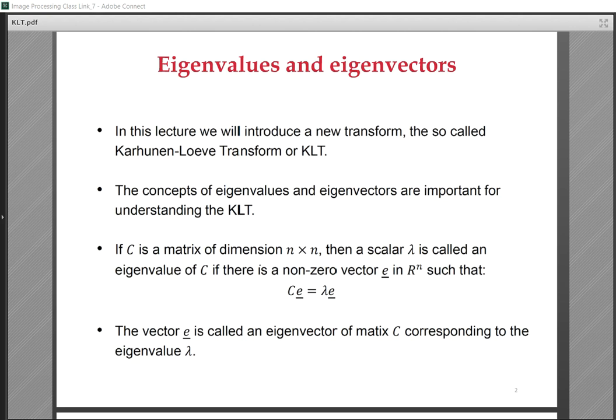The vector E is called an eigenvector of matrix C corresponding to the eigenvalue lambda. Lambda is an eigenvalue and E is an eigenvector of matrix C when CE equals lambda E. This is the definition, and maybe you had it in undergraduate mathematics.